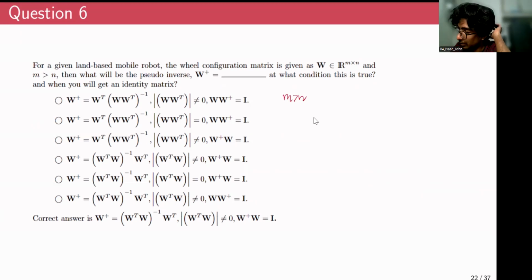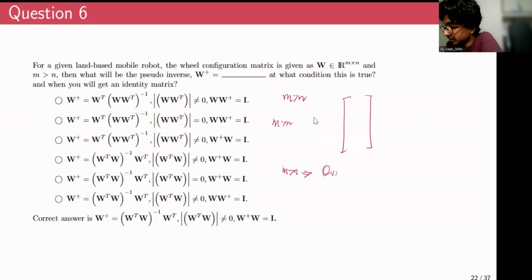Right? So when M is greater than N, or when the W matrix is actually tall, when the number of rows is greater than the number of columns, it's basically an overspecified system. And for an overspecified system, you cannot have an exact solution because it's an overdetermined solution. M greater than N means the system of linear equations is overdetermined.